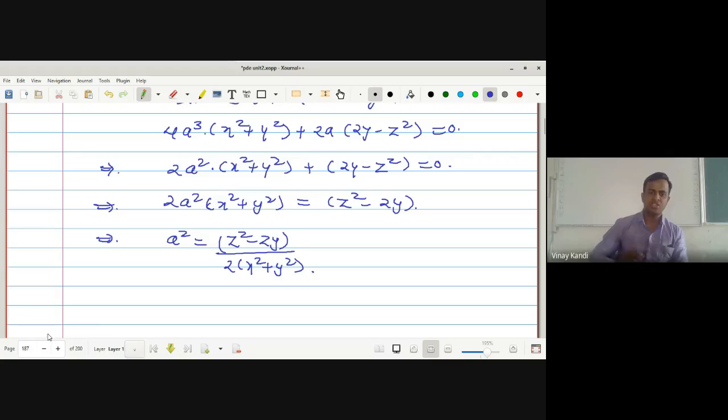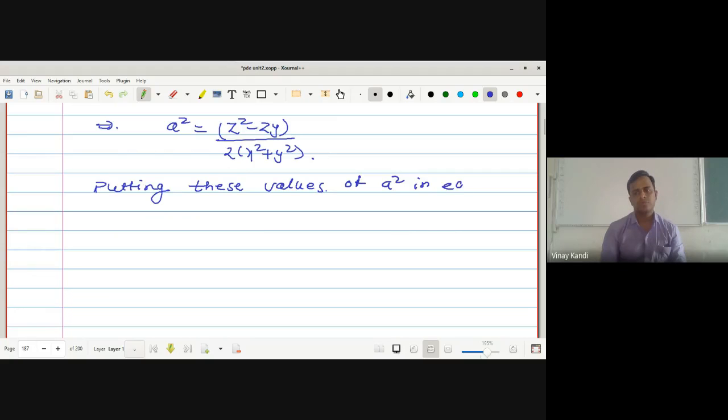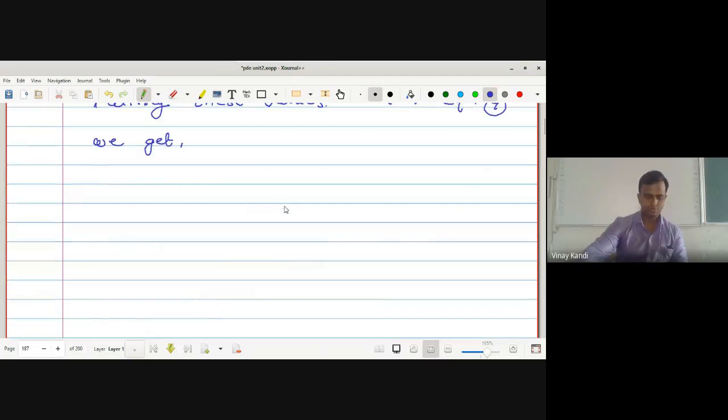Yes, sir. Now putting the values of a square in equation number 7, we get the envelope of equation 7, the one parameter subfamily. Okay, putting these values of a square in equation 7, we get, let us solve.